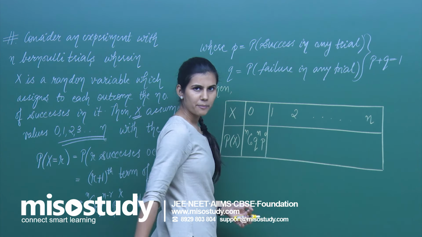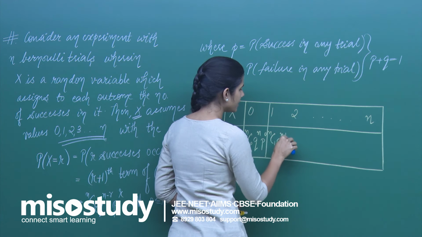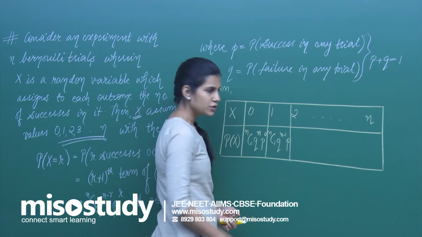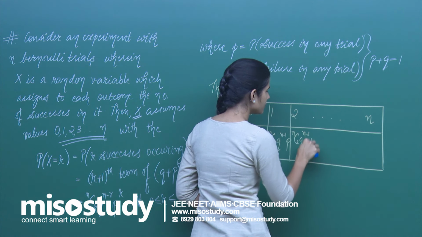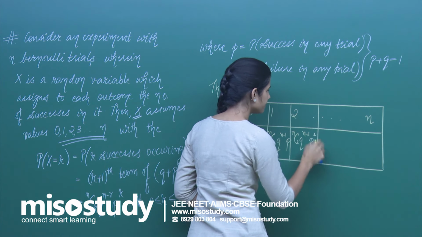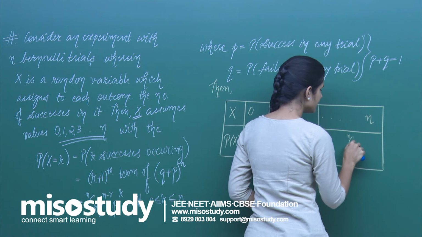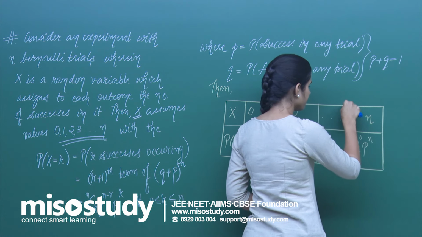What is the probability of capital X equals 1? It is nC1 q to the power n minus 1 p to the power 1. What is the probability of capital X equals 2? nC2 q to the power n minus 2 p to the power 2. What is the probability of capital X equals n? It is nCn q to the power n minus n p to the power n.